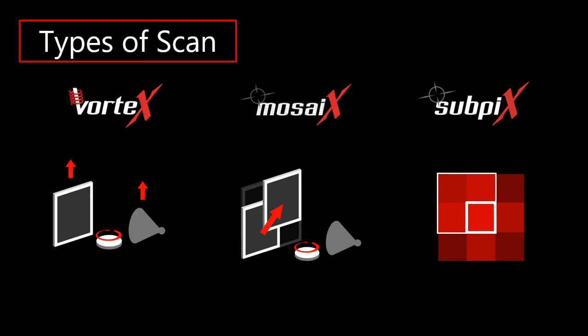While in mosaic, this is scanning big or small samples in detail, in which the detector moves along the sample while rotating. Then the software stitches the scan data into one. Subpix is a technique in which the detector moves half a pixel to generate a much higher resolution scan.